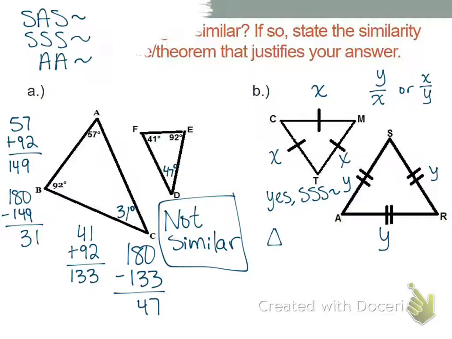So name the first triangle however you want. This should be easy. You get to pick. CTM, okay, is similar to, and then the other triangle, it doesn't really matter. So I heard ASR first, so that's fine.